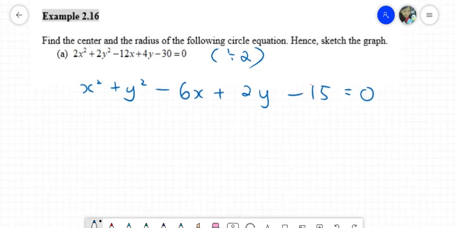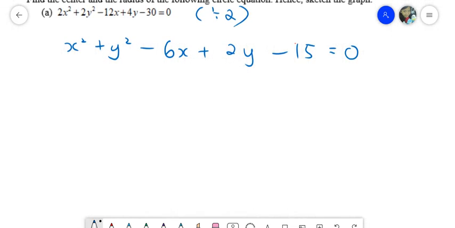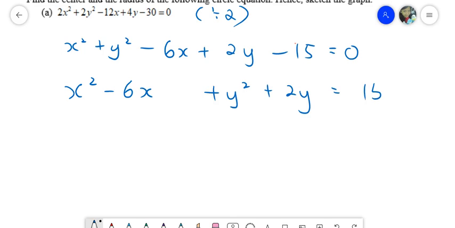Okay, so make it simple, just rearrange it. You have your x squared minus 6x, x with x, then you have your y with y, then the numbers on the right.